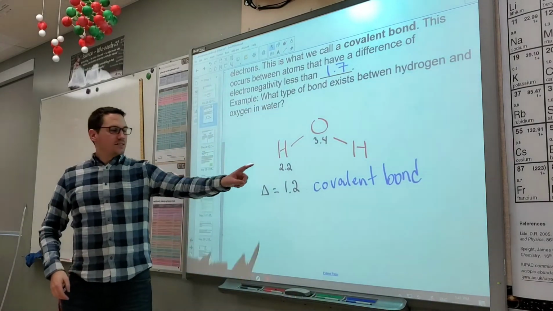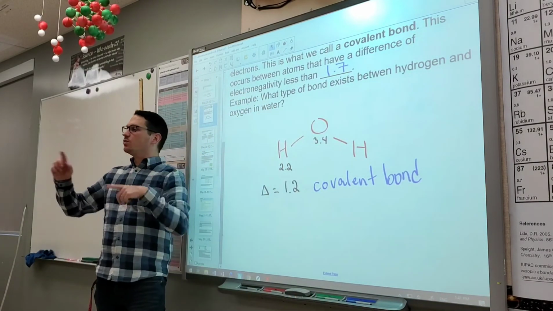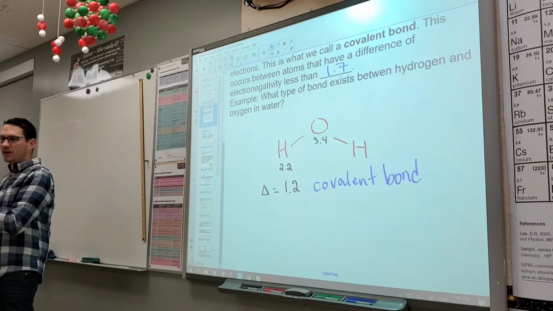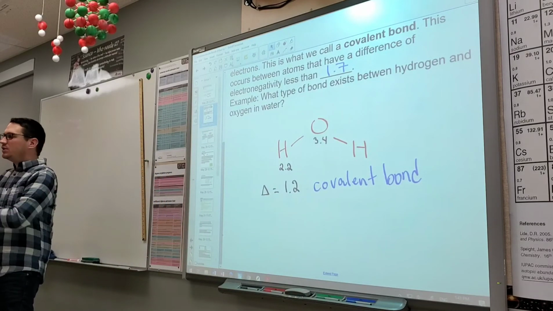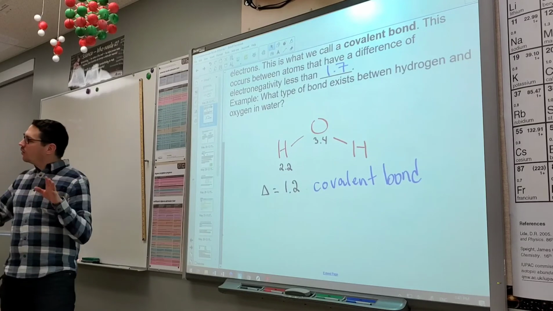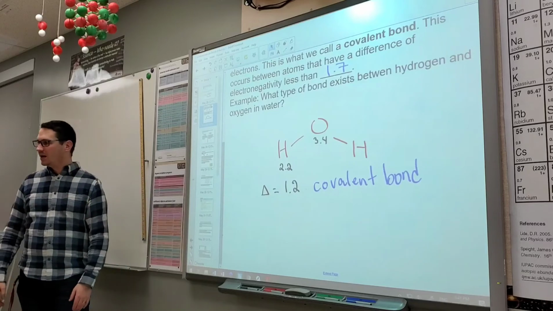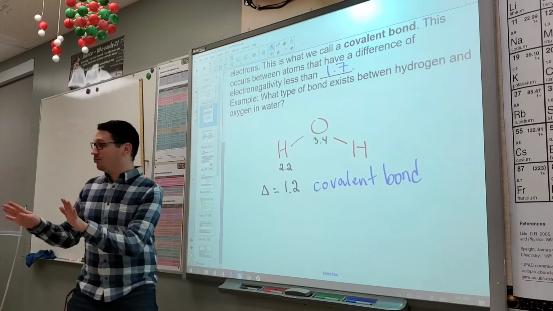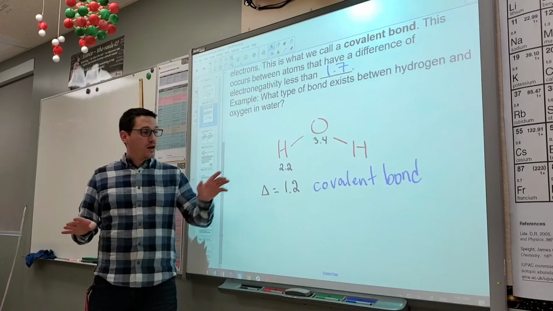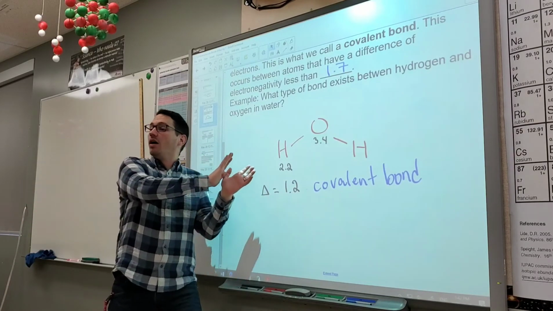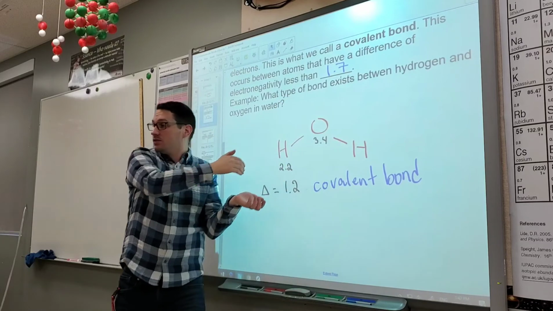Is the hydrogen or the oxygen outright winning the tug of war for the electrons? Is anybody totally winning? No, they're sharing it. This difference isn't big enough for somebody to win. Who's kind of winning the battle? Oxygen is pulling harder. So that means the electrons belong more to the oxygen than they do to the hydrogen.